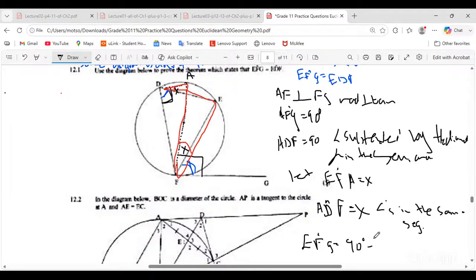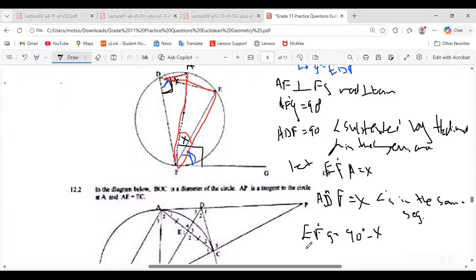Now the angle EDF is also equal to 90 degrees minus x.